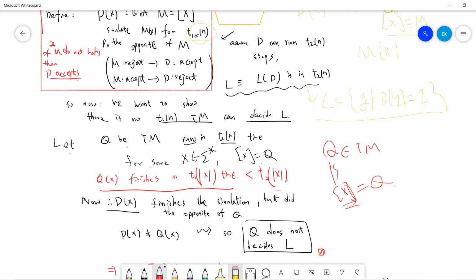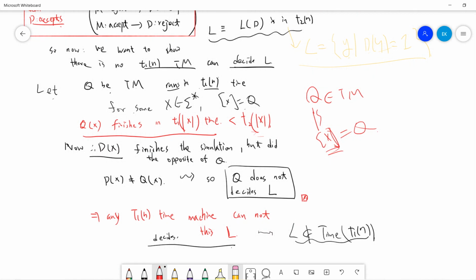If Q accepts, D rejects. So Q does not decide L, because Q and D have different results on X. That means Q does not correctly decide L. So any t1(n) time machine cannot decide this L, which means L does not belong to TIME(t1(n)).